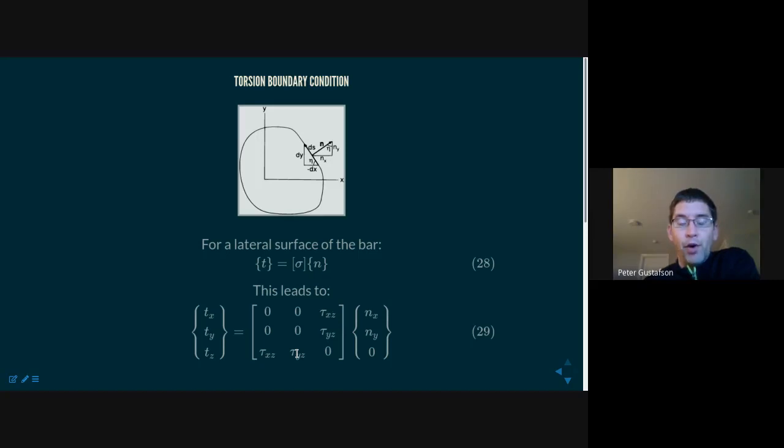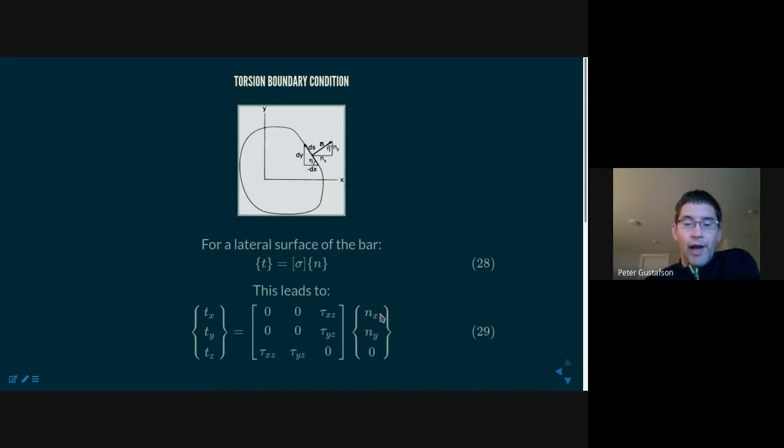We identified the 4 strains that were 0, consequently the 4 stresses that are 0. We still have 2 stresses remaining. It looks like 4, but it's symmetric, so there's only 2 unique. So tau xz and tau yz are the unique stresses that remain, and we have these 2 normal vectors, nx and ny.